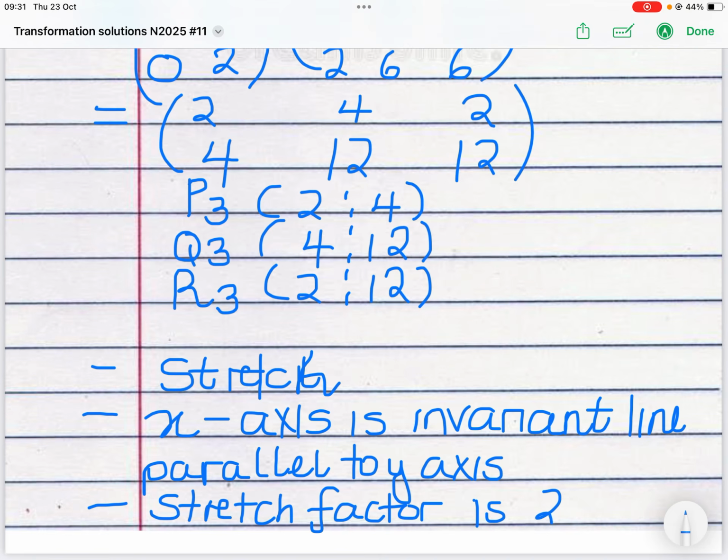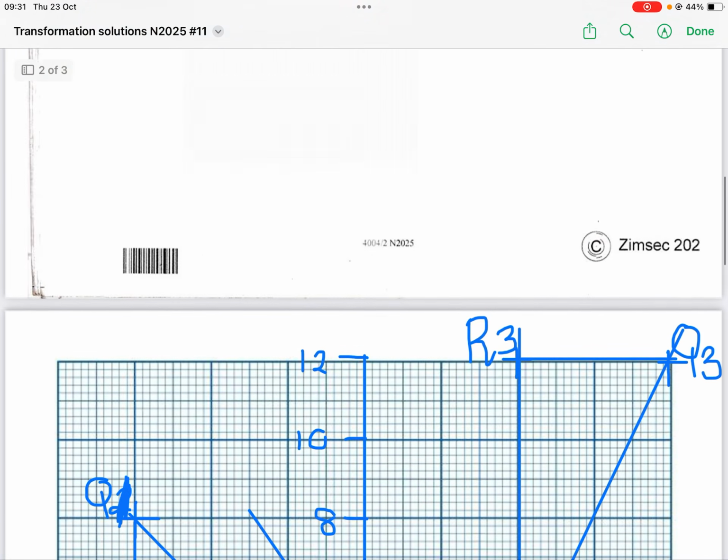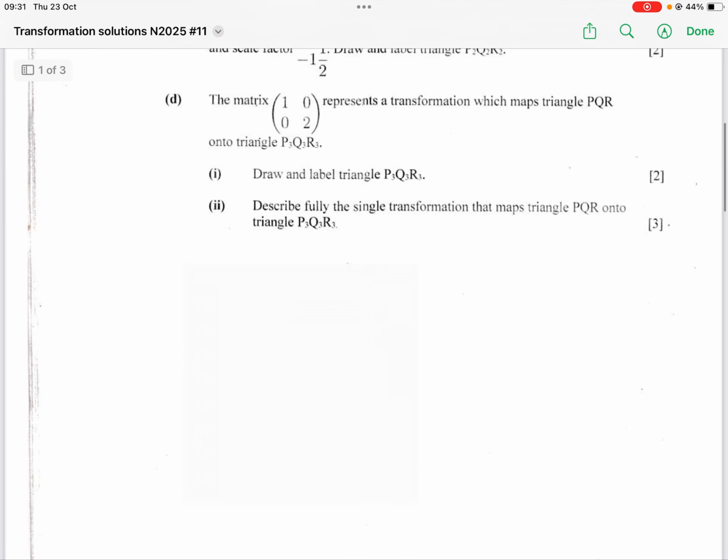I will illustrate how we have managed to get our stretch factor as 2. So let me show the working here. If the x-axis is the invariant line and also the stretch is parallel to the y-axis, the stretch matrix that is used is (1 0; 0 k).